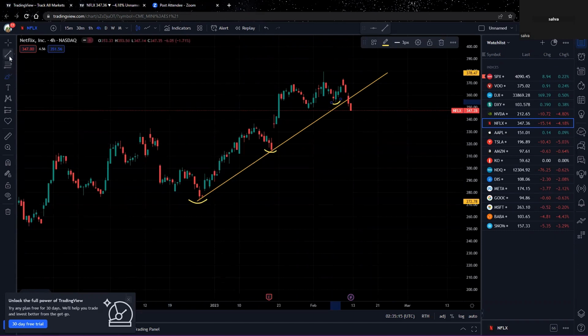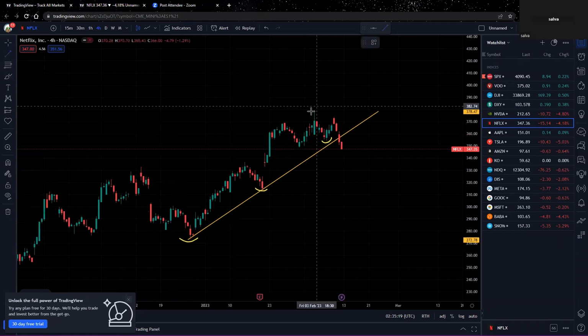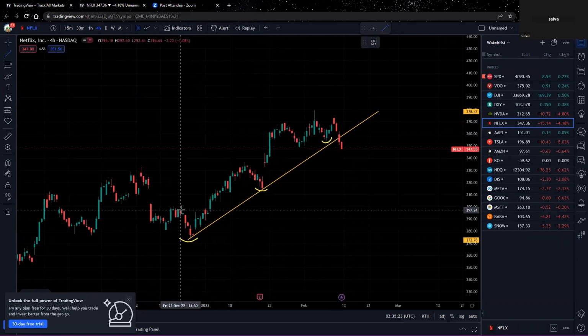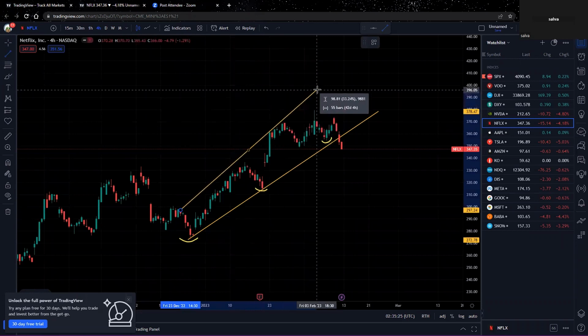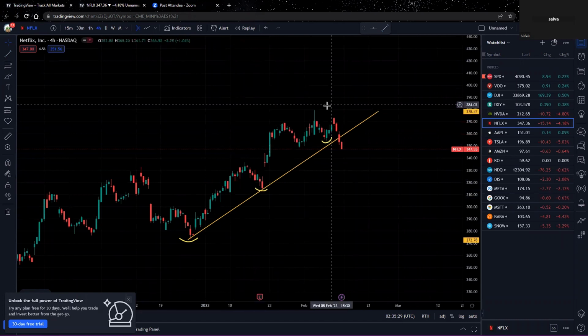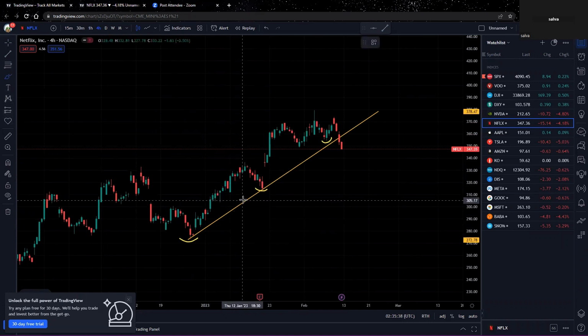Actually, let me draw. Would you draw from up here? For this one, bro, I wouldn't. Remember, the top lines sometimes can be funky. Sometimes you should, sometimes you shouldn't.